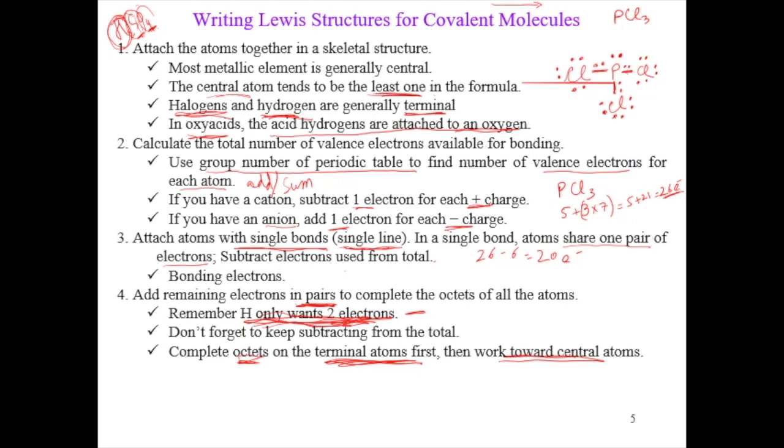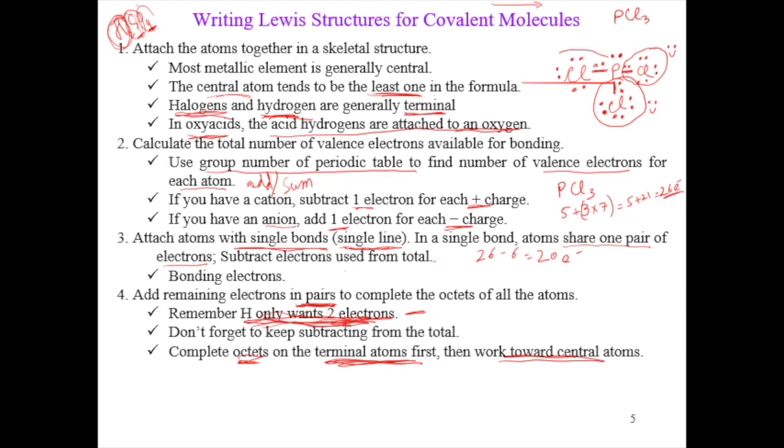Now you can start counting for chlorine. So chlorine has how many electrons? 1, 2, 3, 4, 5, 6, 7, 8. If it has 8 electrons, that means this chlorine atom is happy, it is satisfied, the octet rule is completed. How about this chlorine? This has 1, 2, 3, 4, 5, 6, 7, 8 electrons, so this atom is also happy.